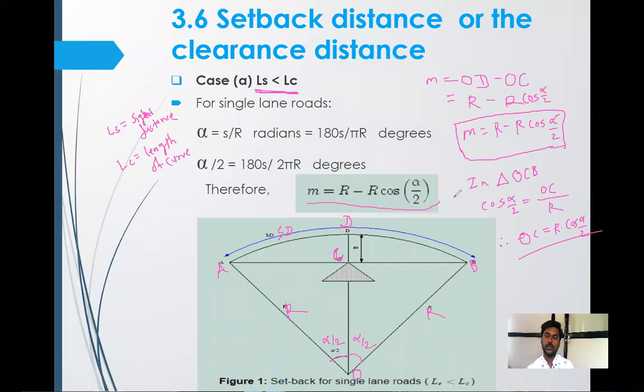If you did not get how OC's value came as R cos alpha by 2, you can write it there. Draw the figure, write down the formula.